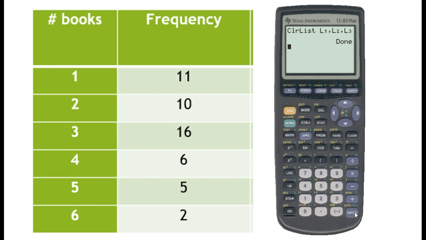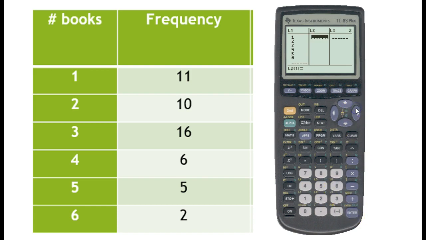Now that that's done, we are going to get started putting our data in. We're going to hit the Stat button again, and we want to edit. List 1 is going to be our data values, the number of books. So you hit 1, enter, 2, 3, 4, 5, and 6.